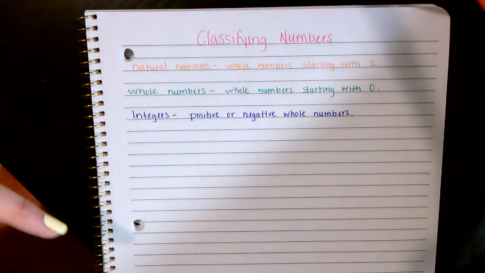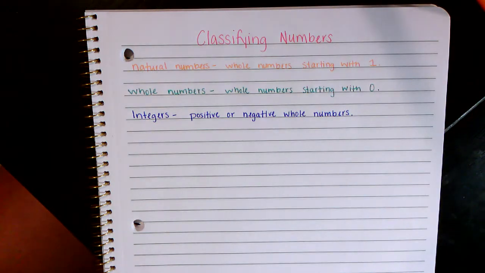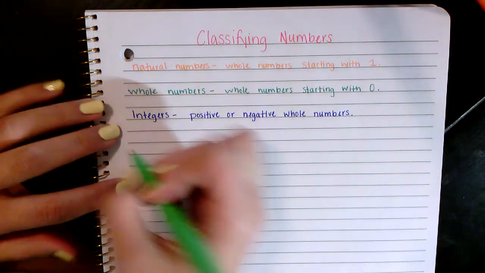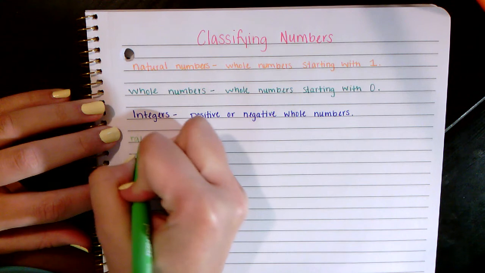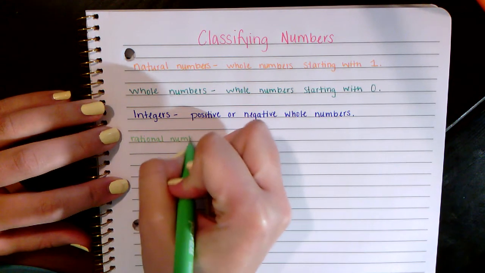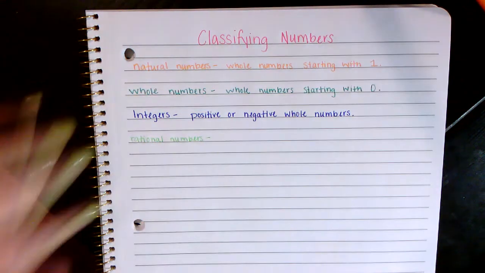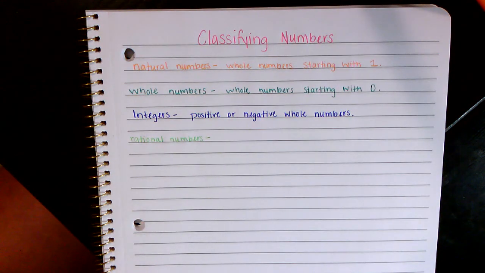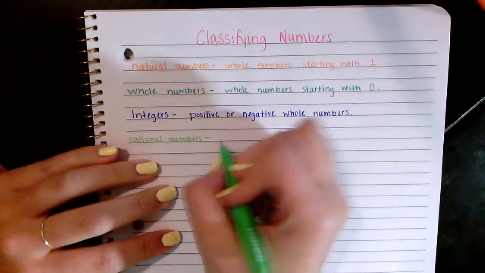The next one is called rational numbers. This color is kind of light, I apologize in advance. You can still see that, right? Okay, rational numbers. I'm trying to make these definitions as short and simple as possible.